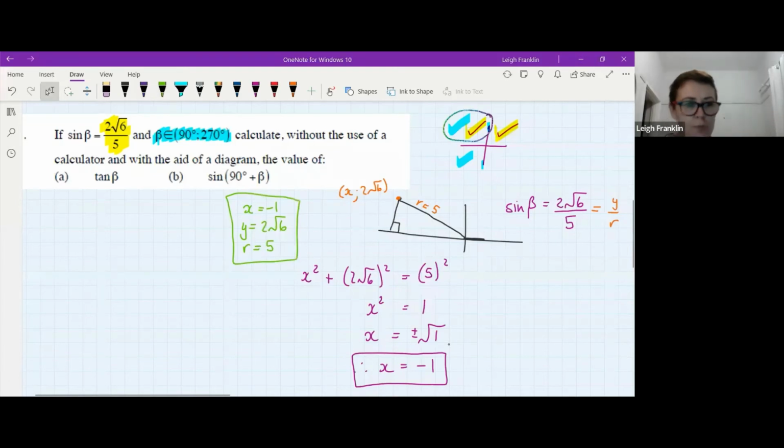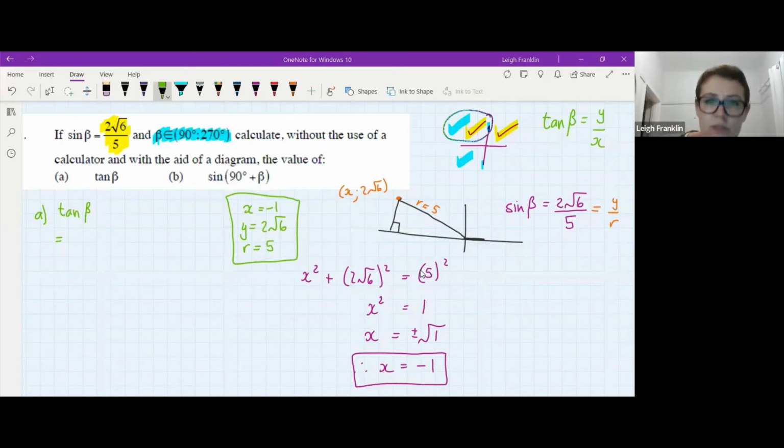Okay, so let's have a look at how we are going to answer question A. Tan beta. How do we interpret tan beta? The tan of any angle is y over x.